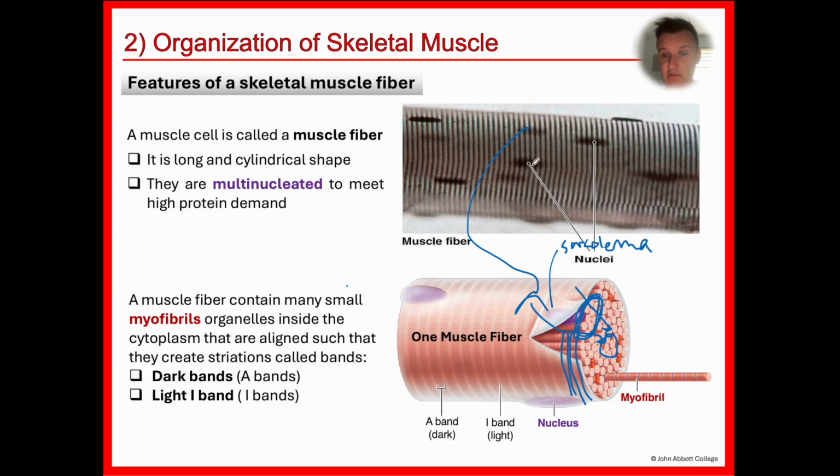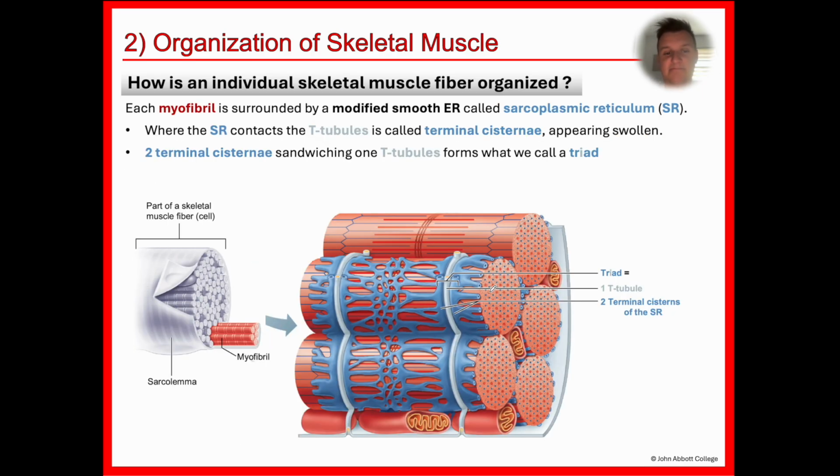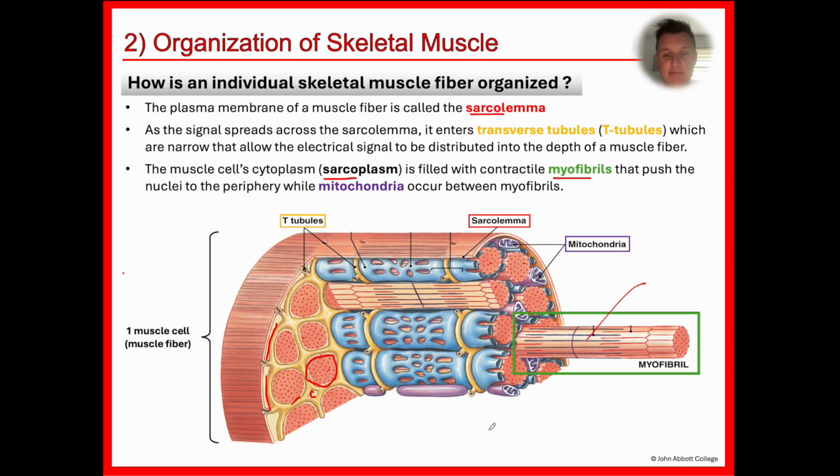Do you see how here they're on the sides? Because they actually don't fit in the middle. These organelles push them so that they only go to the side. The mitochondria occur between the myofibrils; they are much smaller and they zigzag in between the myofibrils, but they're squeezed, right? So that's some terminology here.